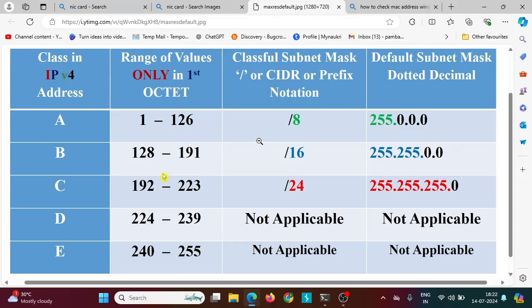Here we can see the number 127 is missing, right? 127 refers to your local system. There is no such external IP address.